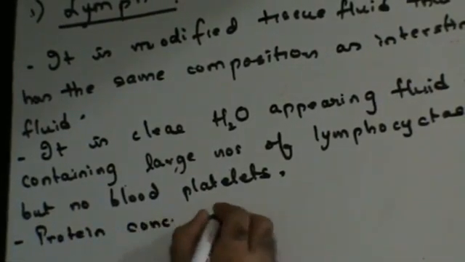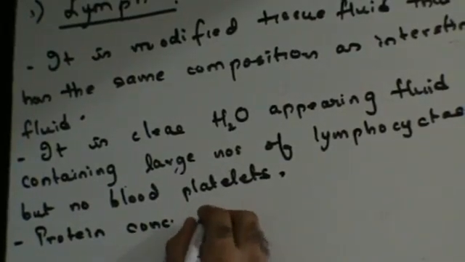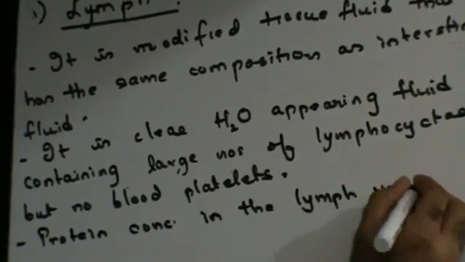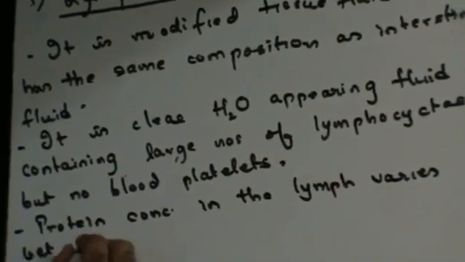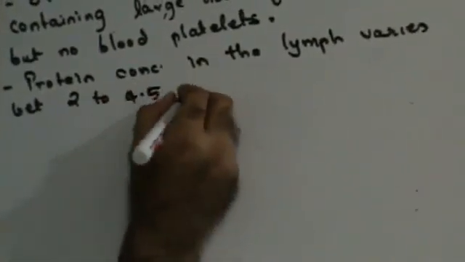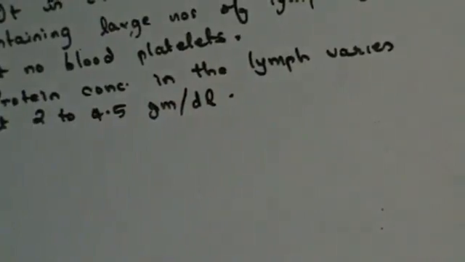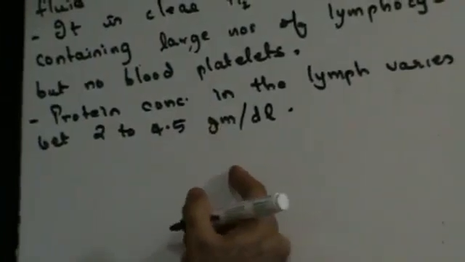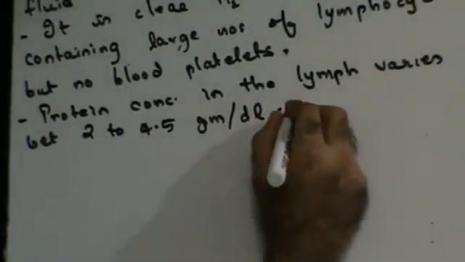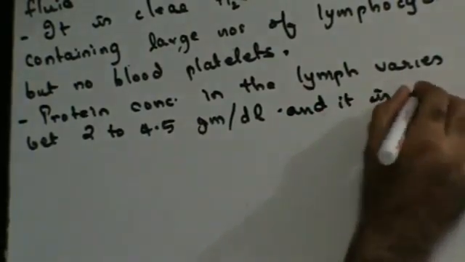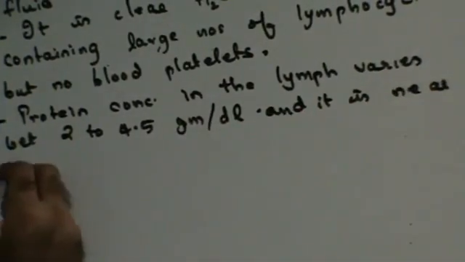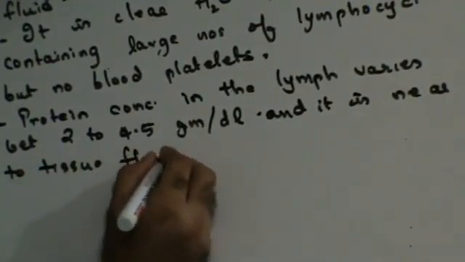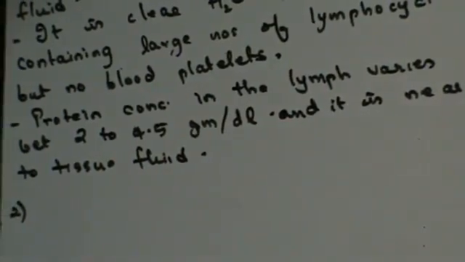Because of this protein concentration, it is a tissue fluid, because tissues have this kind of protein concentration. Okay, so that is what lymph is.